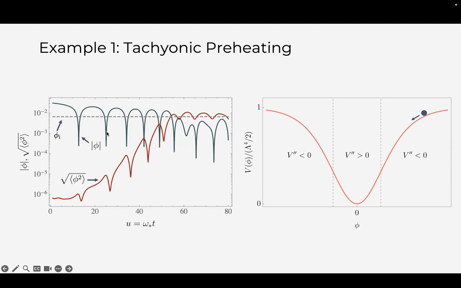So here once more, a bit more specific, you see the homogeneous absolute value of the field oscillating, and each time you see here the inflection point, which is given by the dashed line. Each time it goes above the inflection point, you see how the root mean square grows, right? Each time it's up here, it gets a kick and starts to grow until the nonlinear regime kicks in.